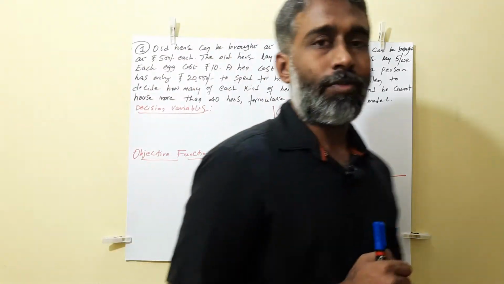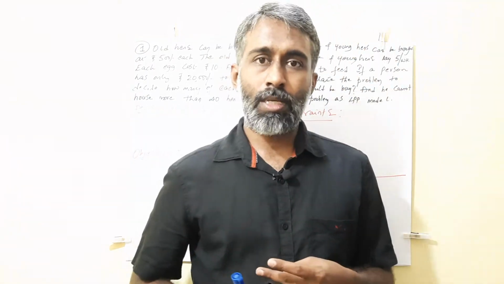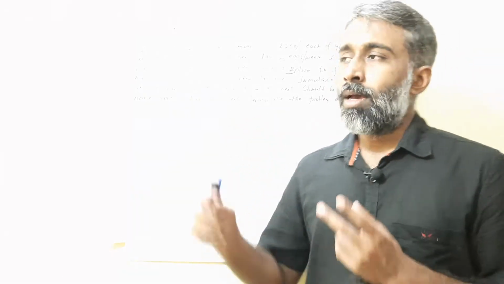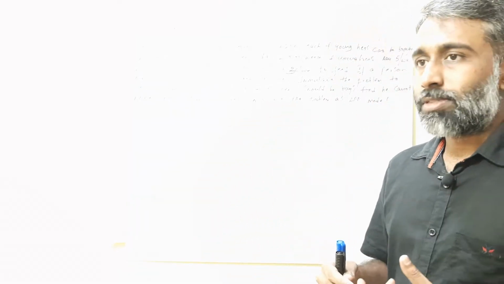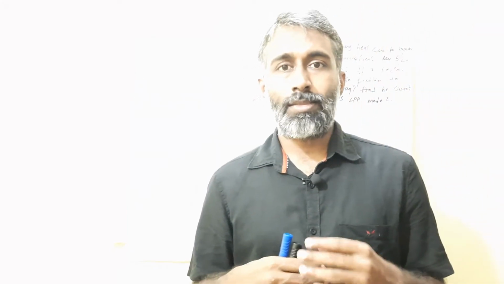So that's like a real life situation wherein a person has 20,000 rupees and some space where he can house 40 hens. For him, we have to formulate a linear programming model such that he can benefit from that.